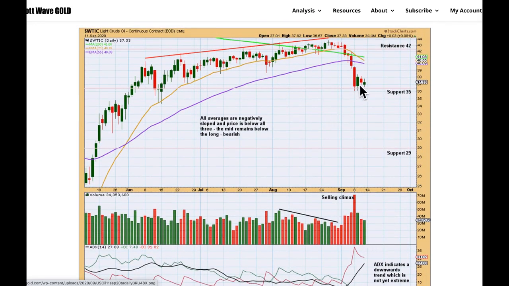At the daily chart level, price has found some support this week, about 35. Next support below that, about 29, if it manages to close below support at 35. A deeper bounce here, look for resistance, again about 42. It looks like this was a selling climax. They're usually followed by some consolidation and then often the resumption of a trend.